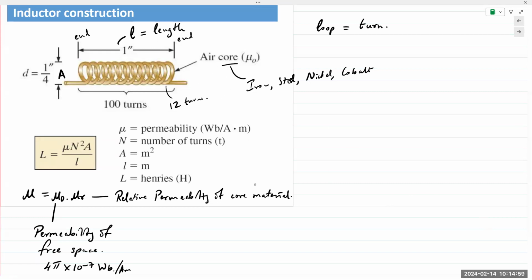Mu 0 and mu r. So mu r is the relative permeability of the material of the core. Mu 0 is with respect to free space or vacuum.